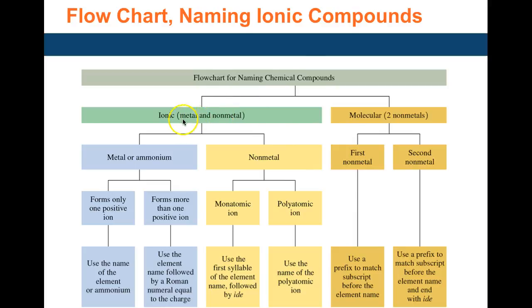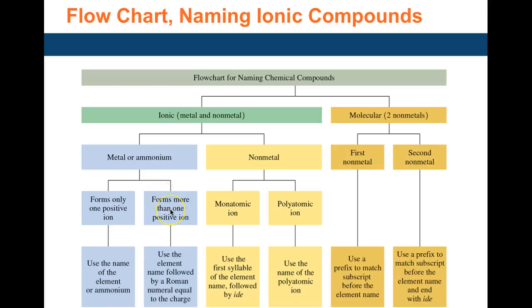So, how do you know it's ionic? If it has a metal. No metal, it's not ionic. Once you've established it is ionic, then look at the metal. Is it an ammonium ion or is it a metal? If it is metal, does it form only one type of positive ion? Then use the name of the element. Or if it's just ammonium, use ammonium.